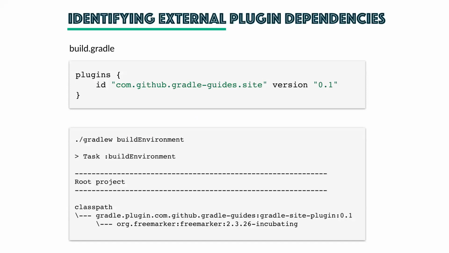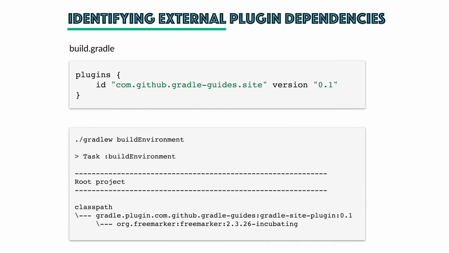If you wanted to figure out what kind of dependencies you're pulling in with a specific plugin, there's a built-in task that you already have in any Gradle build, which is called buildEnvironment. The build environment pulls in the whole dependency graph of a plugin, and you should be able to see that with the help of the configuration called classpath.